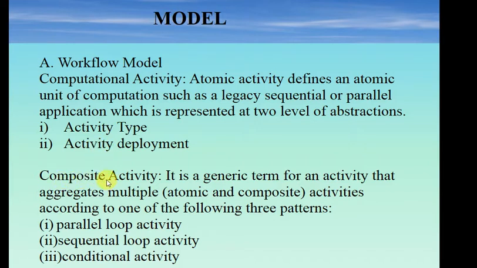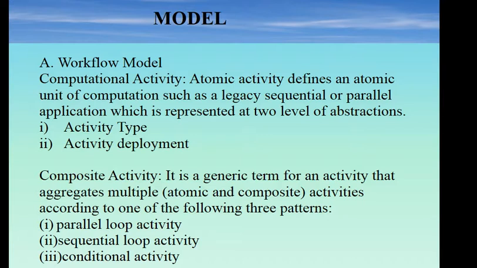Now let's see what a composite activity is. It is a generic term for an activity that aggregates multiple activities according to one of the following three patterns: parallel, sequential, and conditional. Parallel allows the user to express large-scale workflow regions consisting of hundreds or thousands of independent activities.